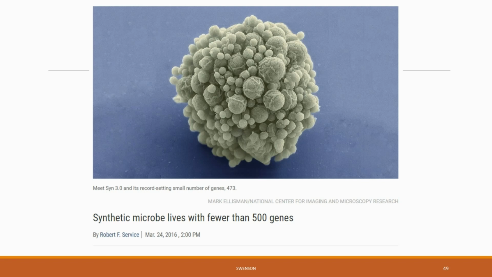And to put that into context, a human has about 25,000 genes, and an E. coli has about 4,500 genes. So scientists are trying to research and understand what are the essential components in order to operate a cell.